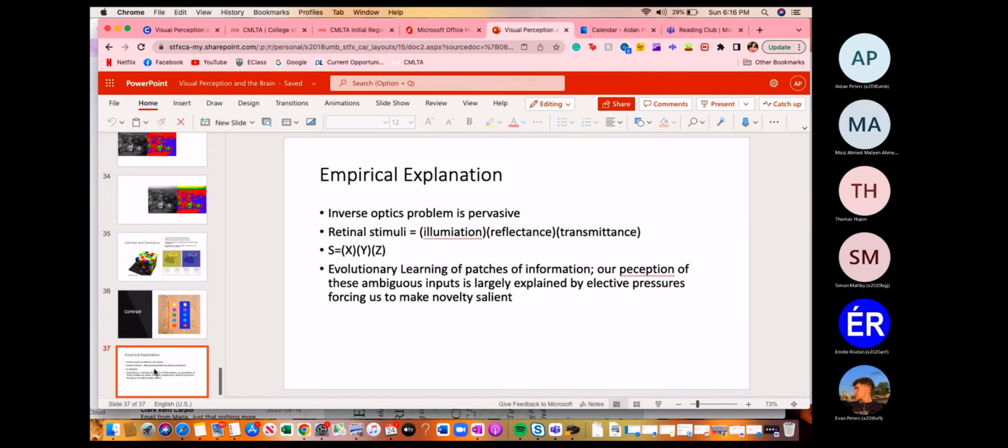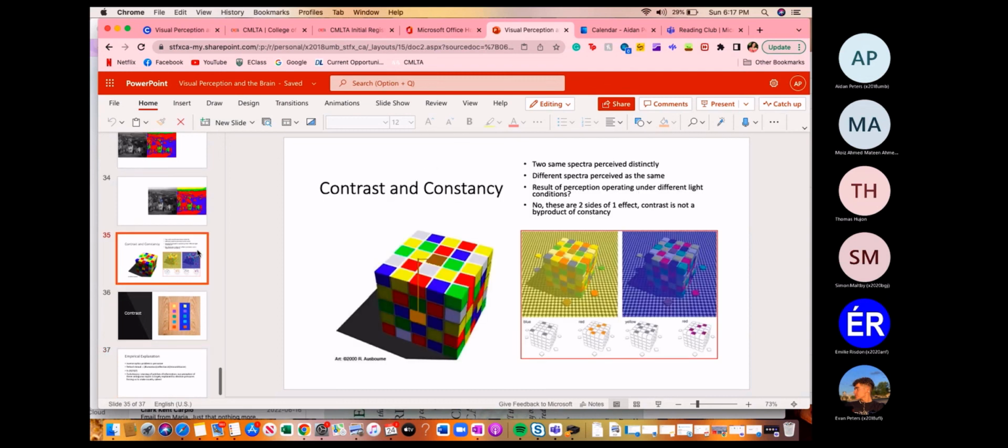And so to get around this inverse optics problem, Purves has suggested that at random, some species in our evolutionary history have perceived these things with contrast, or with constancy, based off of the frequency at which they occur in nature. So what Purves has done is look at all these little patches of natural images across many, many scenes. He's done this for many kinds of vision, but in the context of color, he takes many samples of natural colored images, and then looks at small pixels in that image.